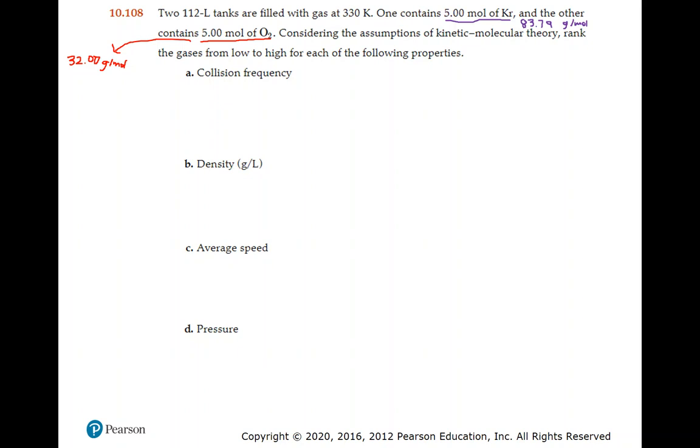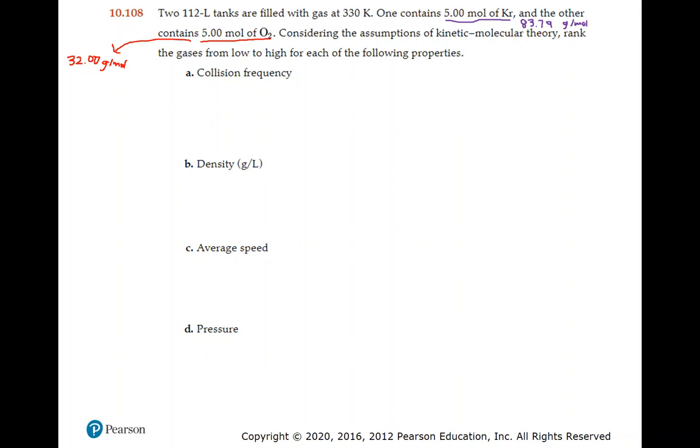So in terms of collision frequency, in other words, how often are the particles running into each other? Now, collision frequency on its own depends on a lot of things, but most of those things are constant here. So the volume and the temperature and the number of moles of gas particles, for instance, are all the same.